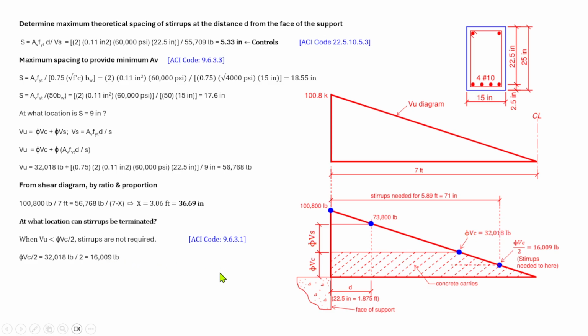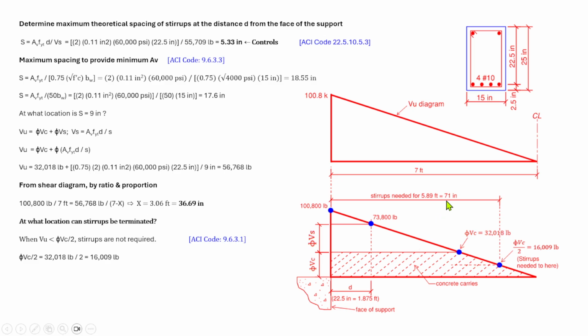So if we look at the diagram here, that location is somewhere here, 16,009. That is from the face of the support to here. This is the location where the stirrups are required. So theoretically, beyond that point, stirrups are no longer required.